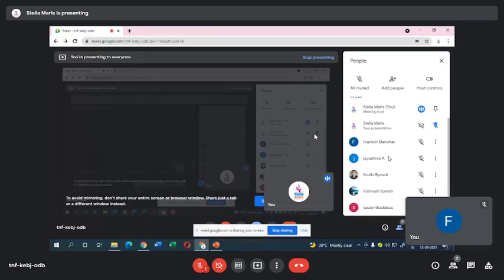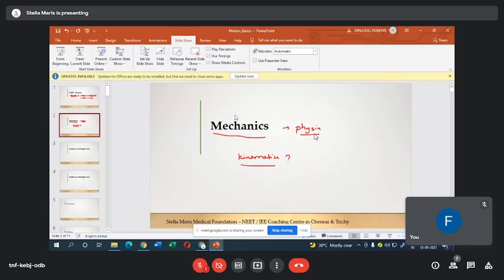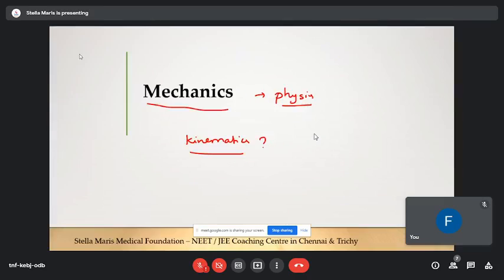So kinematics is nothing but a study of motion of objects. Not only motion of objects, but the description of the motion of objects.